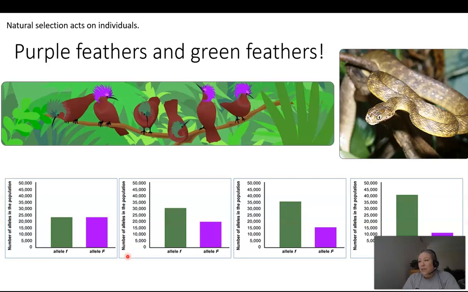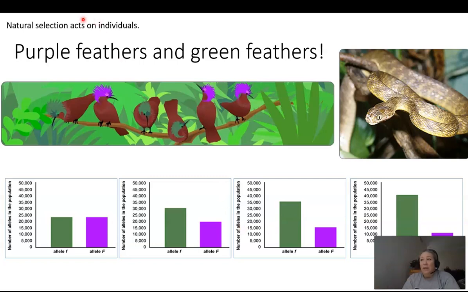But after the snake arrives, you can see over time how that allele for the purple feathers declines and the allele for the green feathers increases as time goes by, because the snake is eating the purple feathered birds. If it's eating the purple feathered birds, they're not living long enough to reproduce, and so they're not able to pass on that purple gene. Now the gene stays in the population, it's just not as frequent, and so you're not going to see as many of those purple birds.